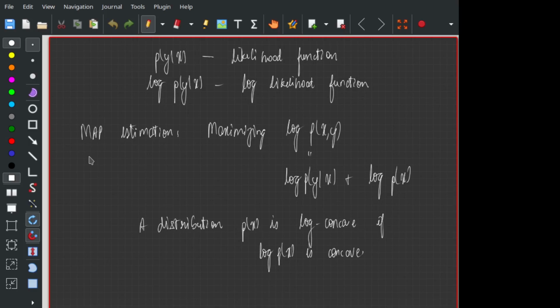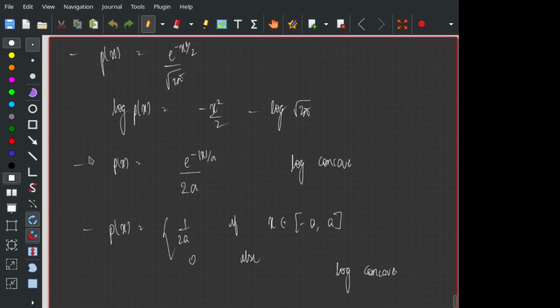A distribution p of x is said to be log concave if log p of x is concave. So the log of the density function is concave. We looked at some examples of log concave distributions: the Gaussian, the Laplace distribution, and the uniform distribution are all log concave.